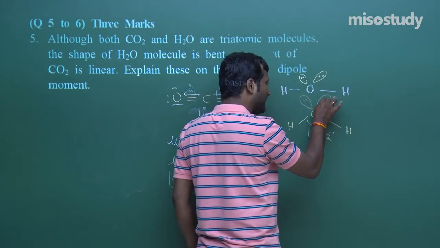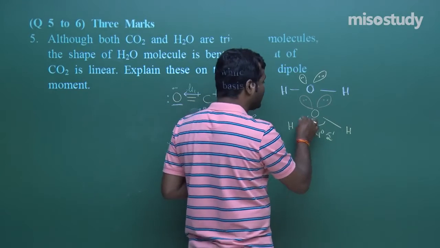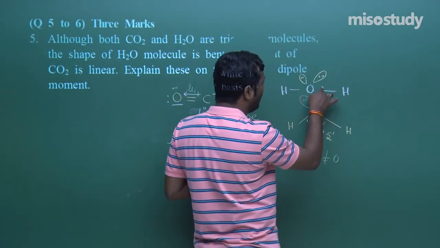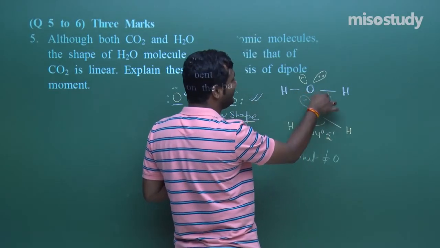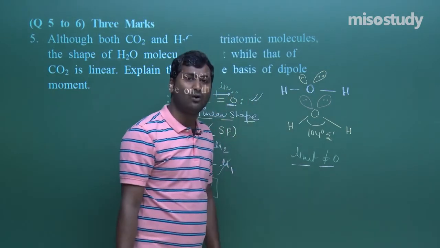But in carbon there is no such lone pair of electrons present. So in this case the net dipole moment is not equal to 0, because they will not cancel each other. It has a dipole moment of around 1.84 D.